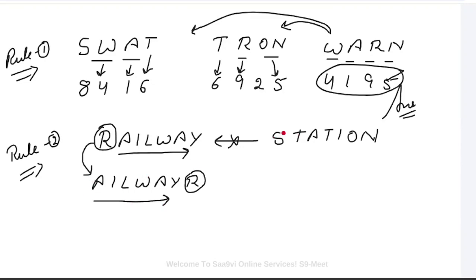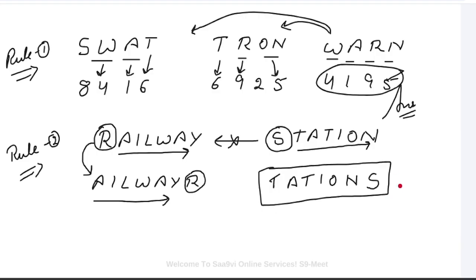In the same way, in STATION, S will move towards the end and TATION will move one step towards the left. So I'll get my answer as TATIONS. That is the answer I get. Is this clear?